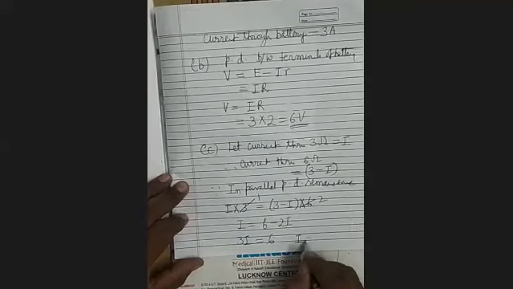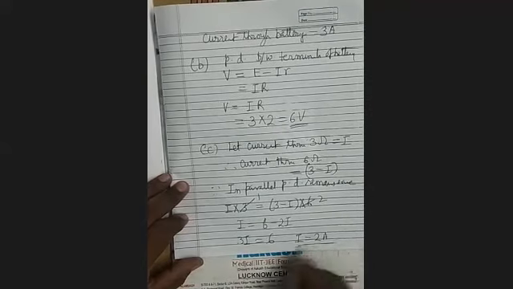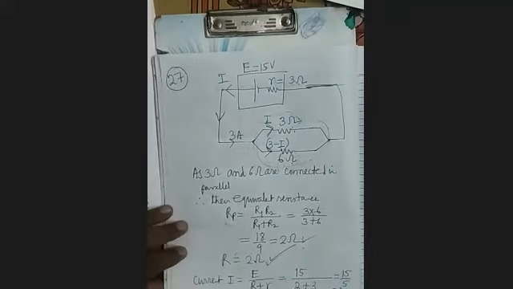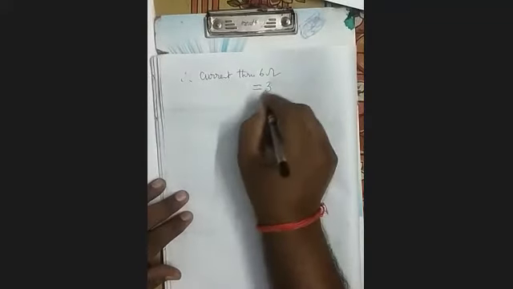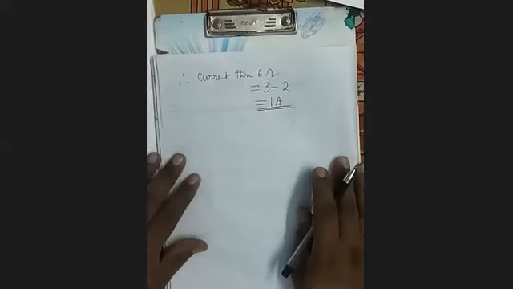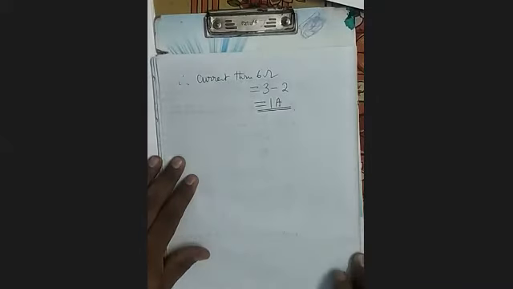So I equals 2 ampere. This is correct. Now here it is 3 ohm. So what will be through 6 ohm? Therefore current through 6 ohm will be 3 minus I, that is 3 minus 2. That is 1 ampere. It will be 1 ampere.